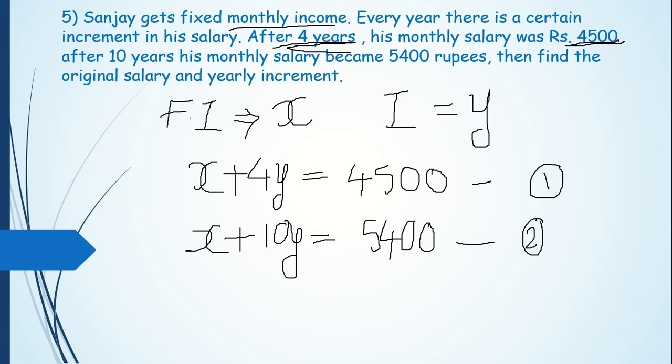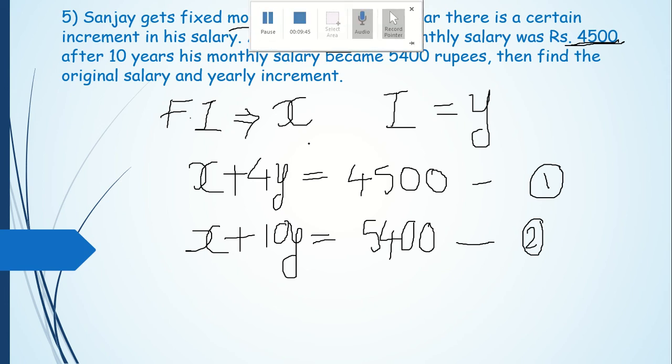Now the question says find the original salary and yearly increment. So we are asked to basically find x and y. Original salary means fixed monthly income, that is x, and this is y.